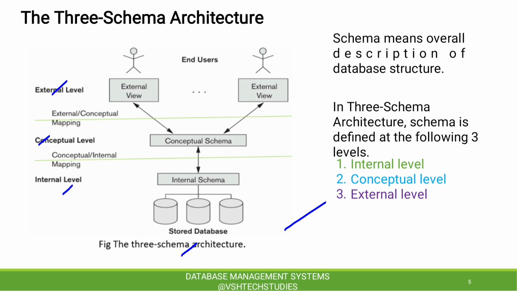The correspondence between the conceptual level and internal level is called conceptual to internal mapping. The correspondence between the external level and conceptual level is called external to conceptual mapping. These are the two kinds of mapping. So that is all about the three schema architecture and the two kinds of mappings. Okay.